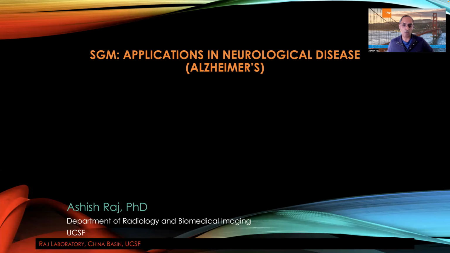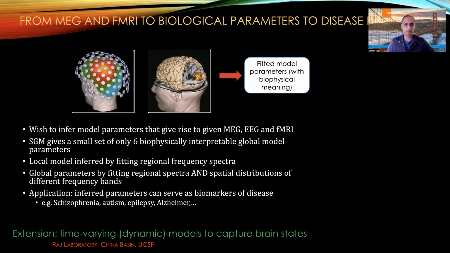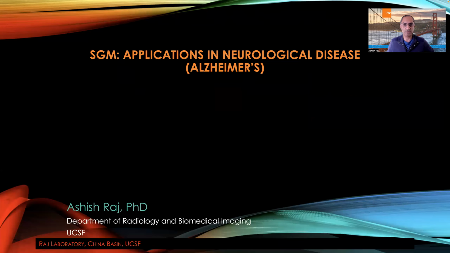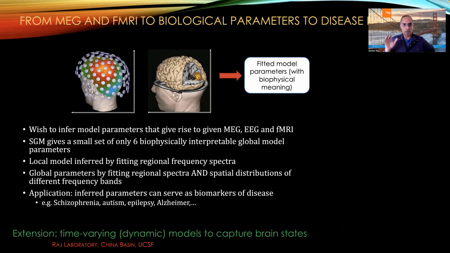So that was all that theory working towards applications. What are some applications of this approach? The key application is going to be in the case of neurodegenerative and neurodevelopmental disorders. Today I'm only going to highlight the neurodegenerative aspect, especially Alzheimer's disease. Just to back up a little, I want to point out why we want to do this.